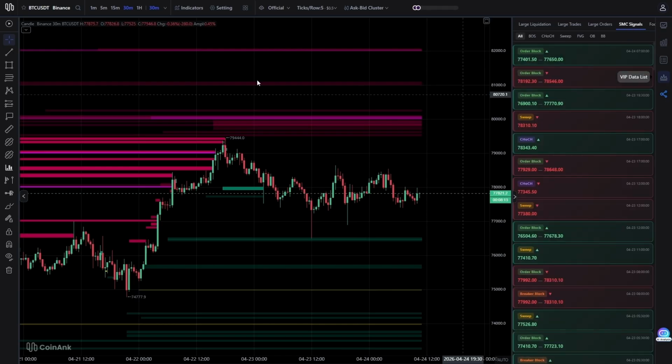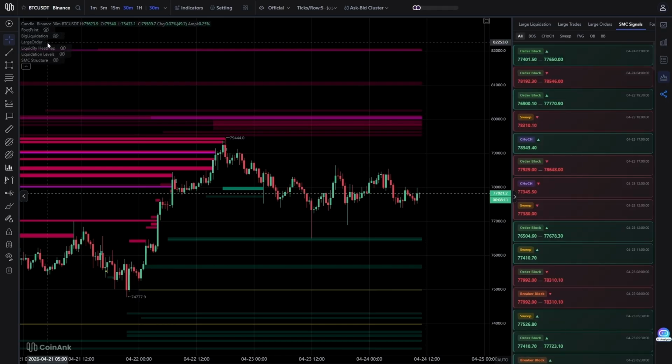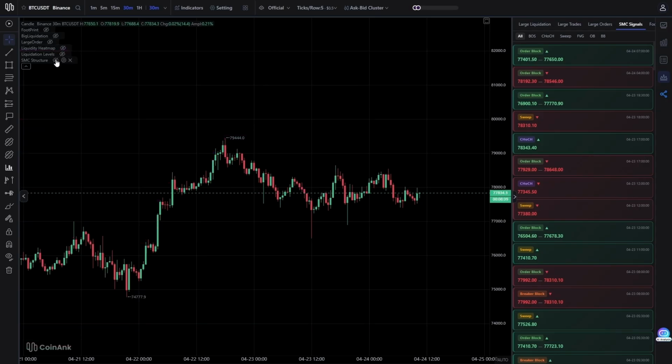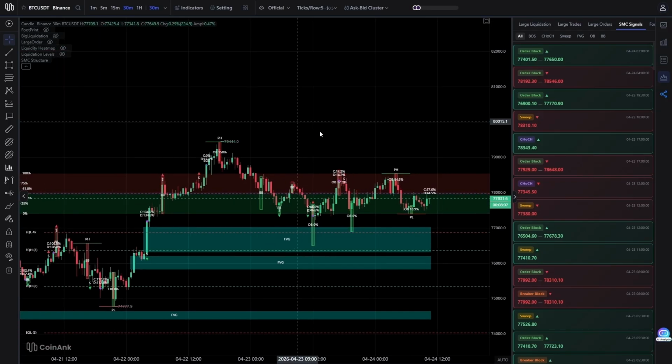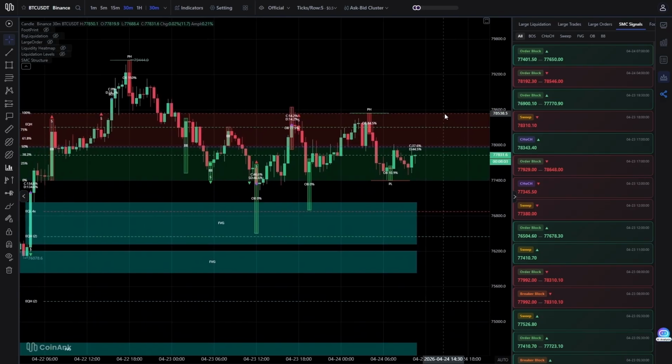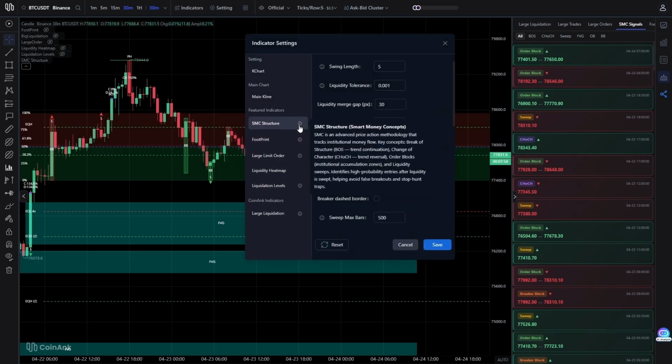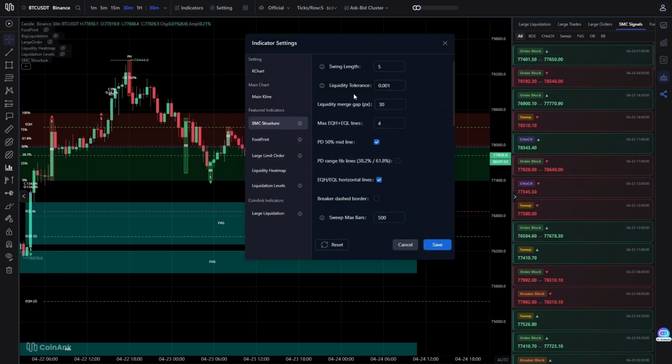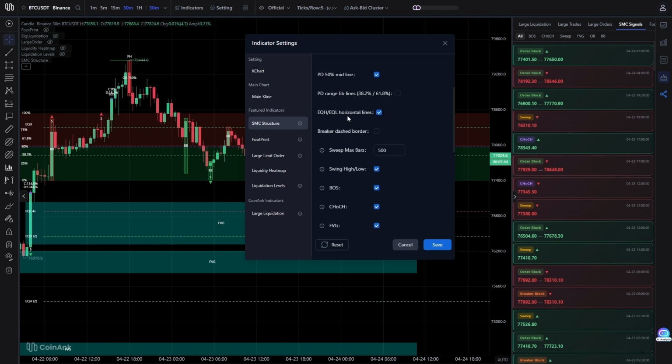That's new too. If we just hide the large orders and open the smart money concept, this is also new here now at CoinAnk. You get smart money signals. If we open the settings, you can adapt the swing length, liquidity tolerances, your equal highs, equal low lines, etc. to your liking.